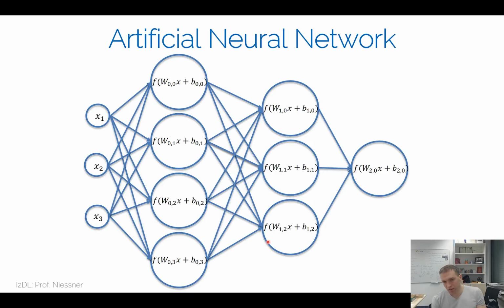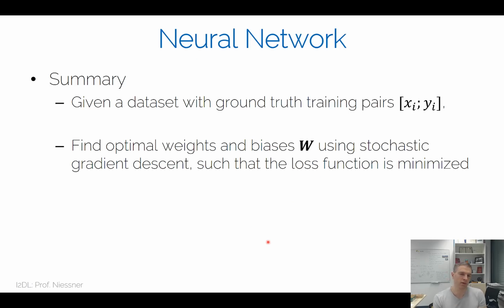Okay, so if we are summarizing our neural network right now, what do we do? I think I'm repeating this many, many times, but I want to make sure that everybody gets it. We are given a training data set with ground truth pairs. Ground truth pairs means that for a certain given input x, which could be an image, we have a y, which is our label, in this case an image label, like a class label such as dog or cat.